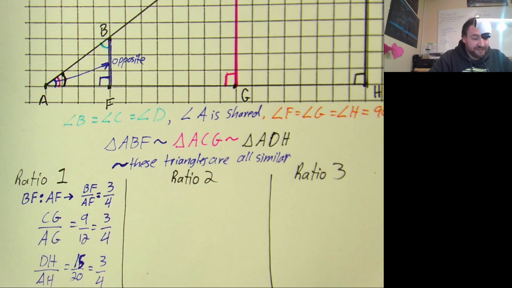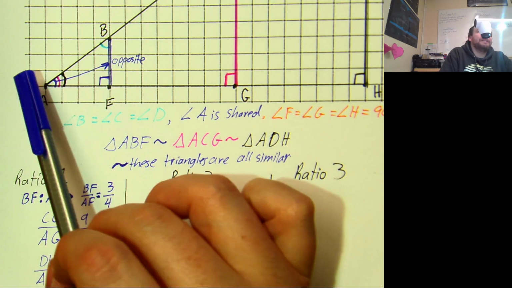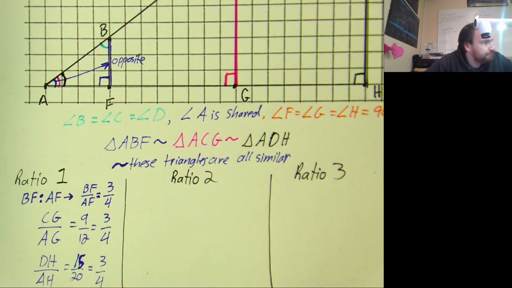Now we've got side A. The other side to be looked at is this bottom side. How does this side relate to this angle? It's beside it. Is there a fancy word that anyone knows that means to be beside something? Adjacent, yes, that is the word we're going to use.